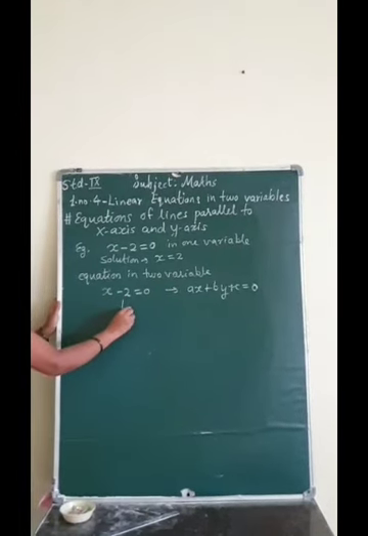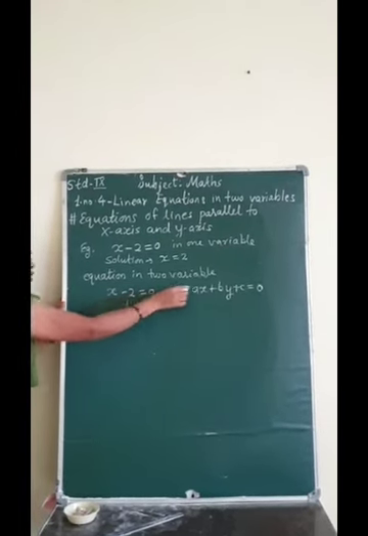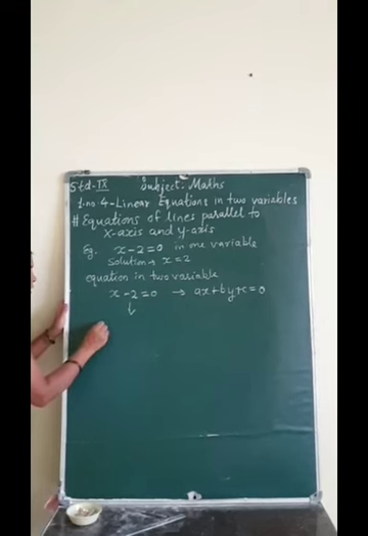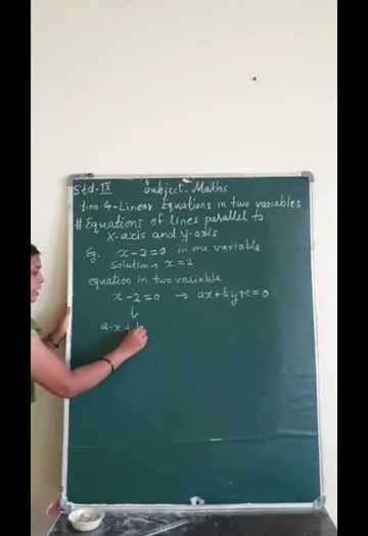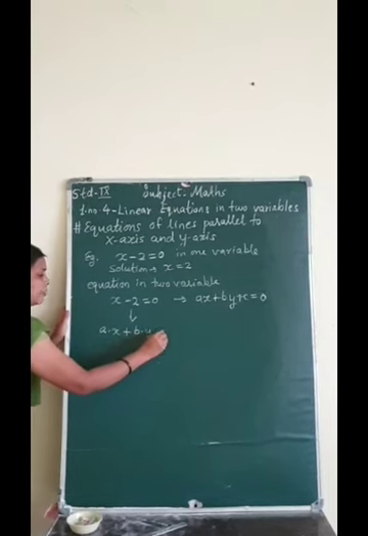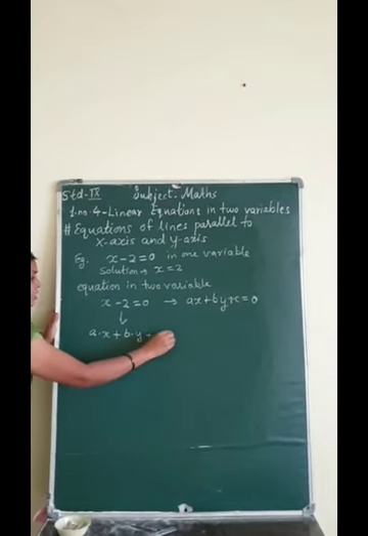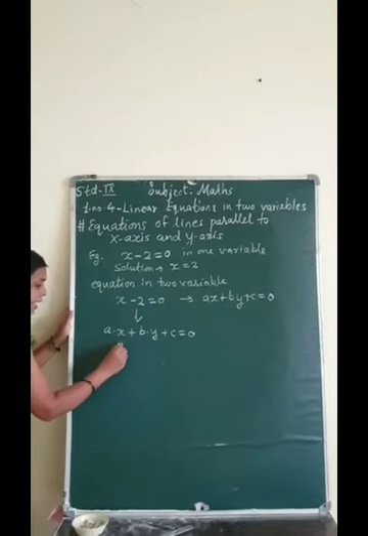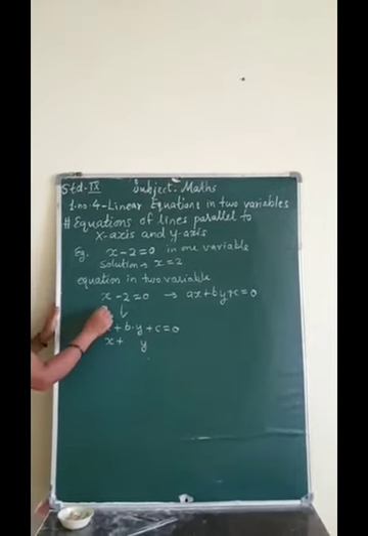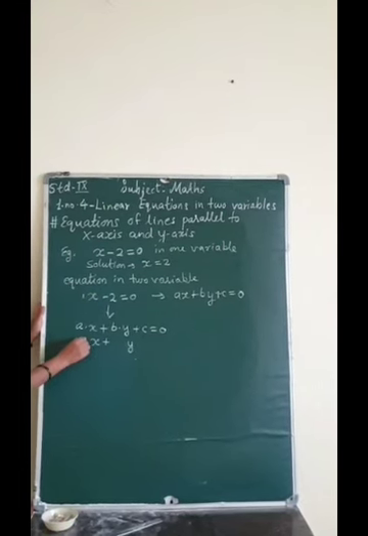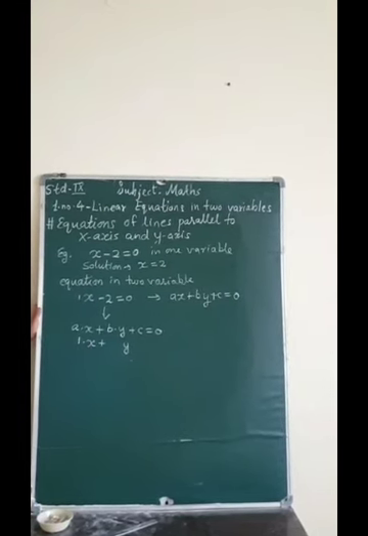If we write this equation in this form, we get a into x plus b into y plus c is equal to 0, where x we write as it is, y we write as it is. And here 1 is the coefficient, so here we get 1 into x.